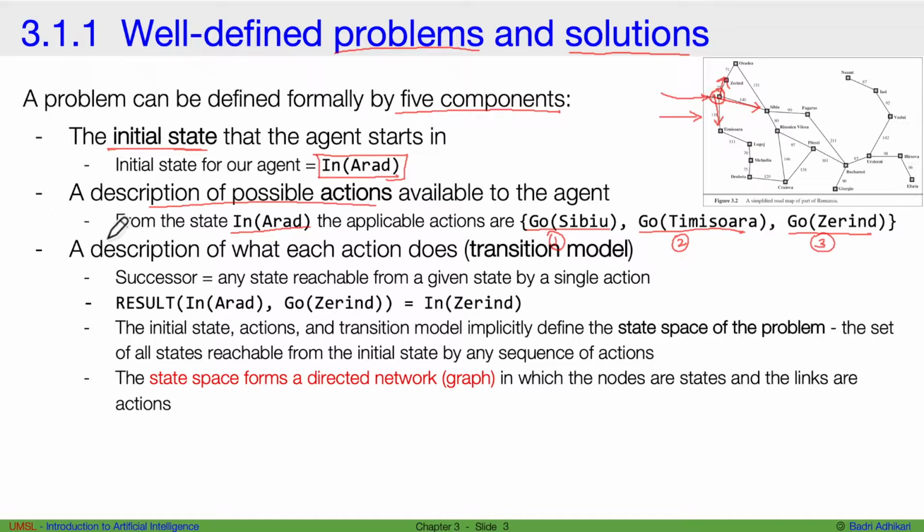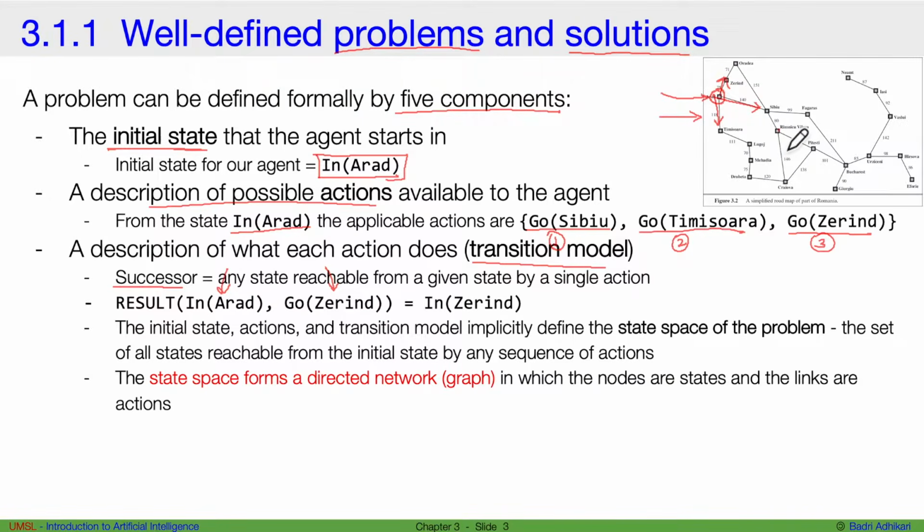We also need to define a transition model. A transition model defines what happens at a given state after you take a particular action. So we define successor as any state reachable from a given state by a single action.